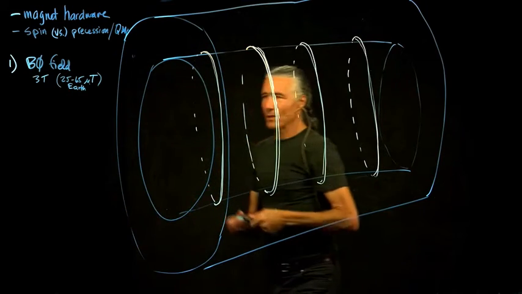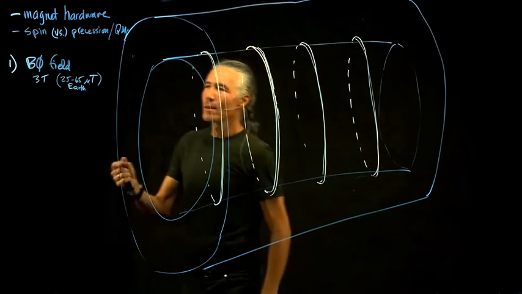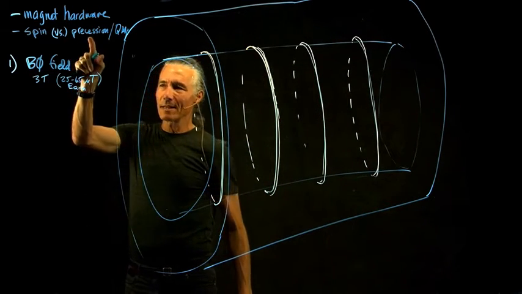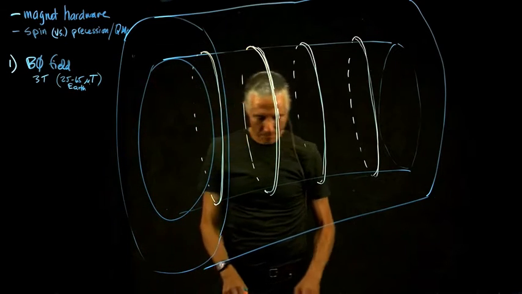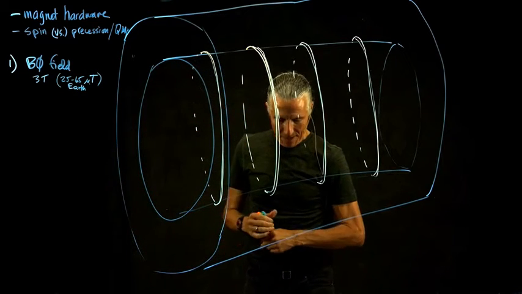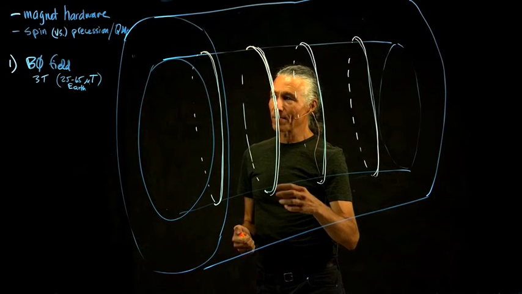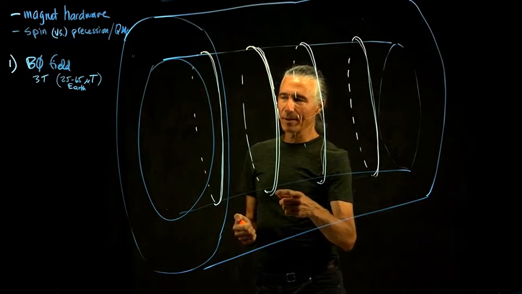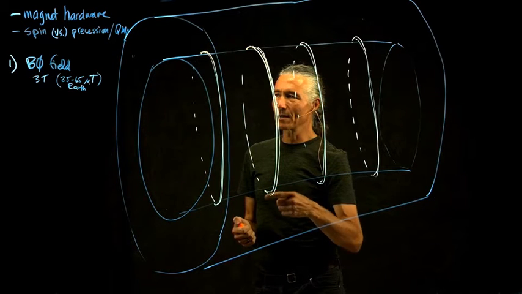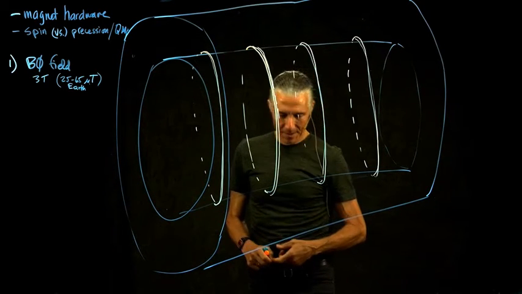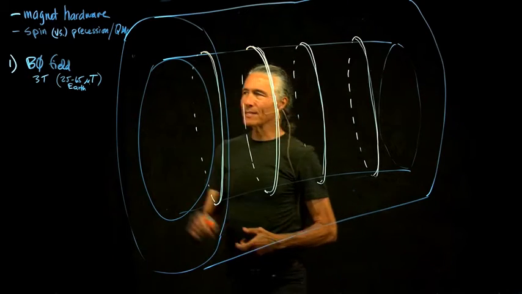And we need that field, we'll find out, to polarize the proton so we can detect this precession business. So that's the first part. We have to keep the refrigerator on. There's a 4 degrees above absolute zero refrigerator that keeps these wires very, very cold. So that's the B0 field.